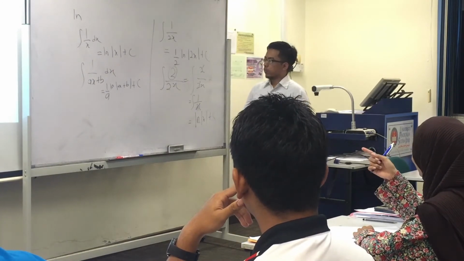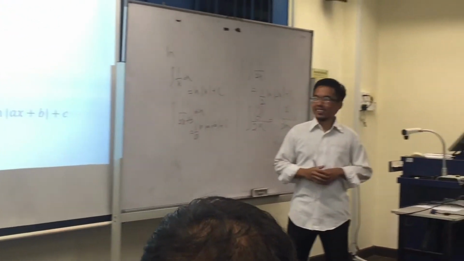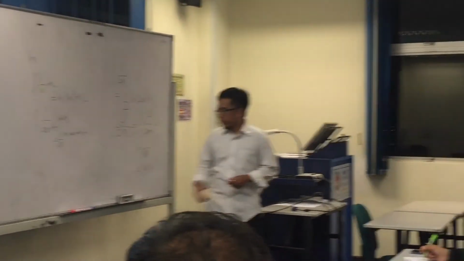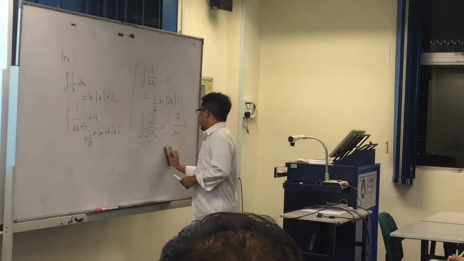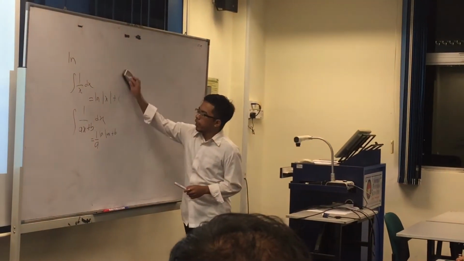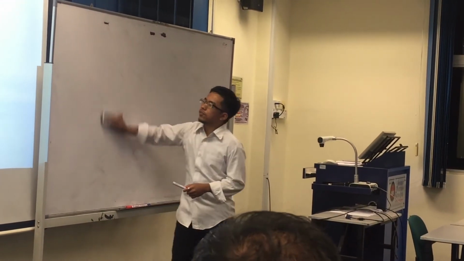Sorry, the numerator, not the denominator. For this one, do you guys understand? Yes. So we will be moving to the next part, the tricky part. But when you understand it, it will be fantastic.